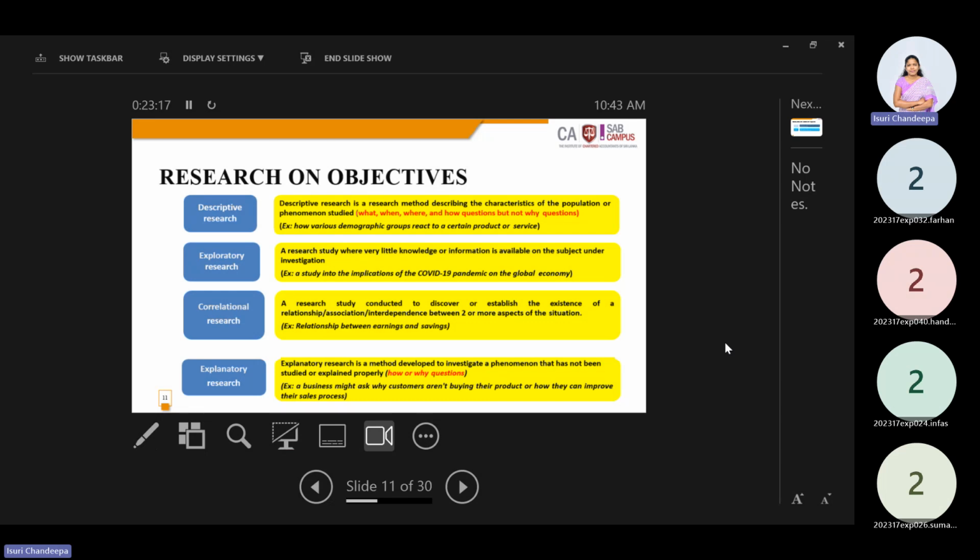Let's assume we have produced a new toothpaste.